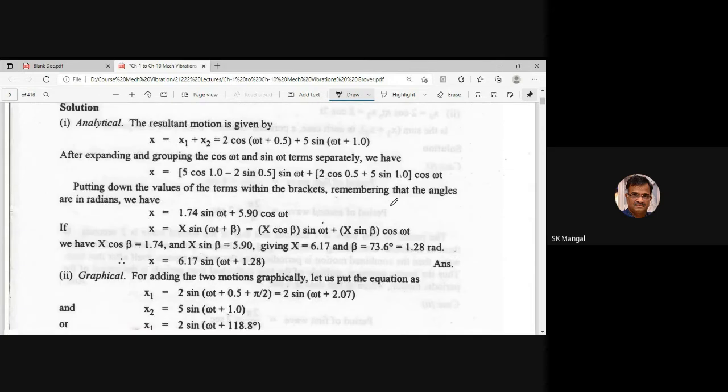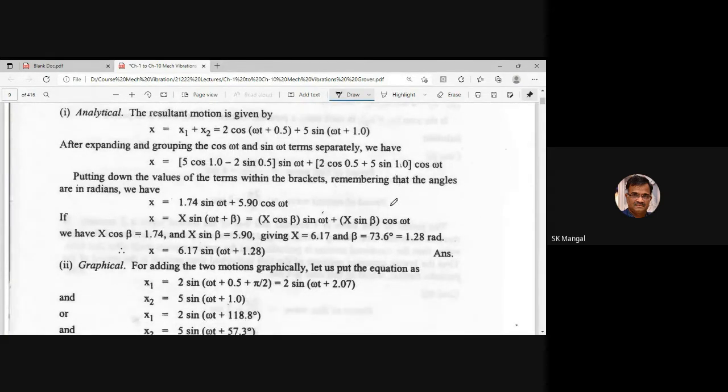You can have this example here. It is in analytical form. You can have cos and sine, and you can analytically solve this problem. But if you want to solve the same problem by a graphical method, then these two should be in sine form.